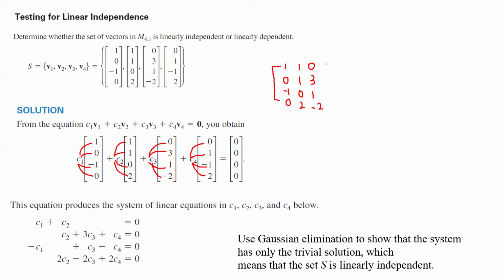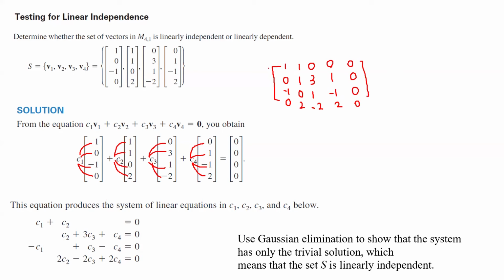Then what else do we have? We have this one here, which is 0, 1, negative 1, and 2. So if you form the augmented matrix, you end up with 0, 0, 0, and 0. Okay, here we go. This is our matrix, right?